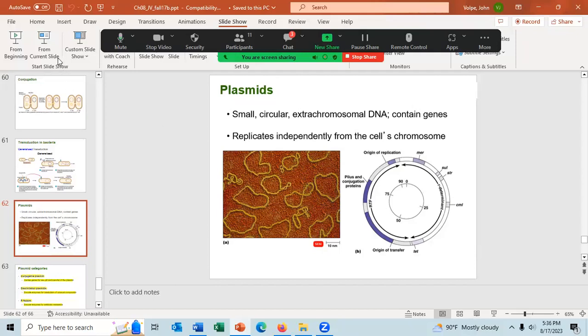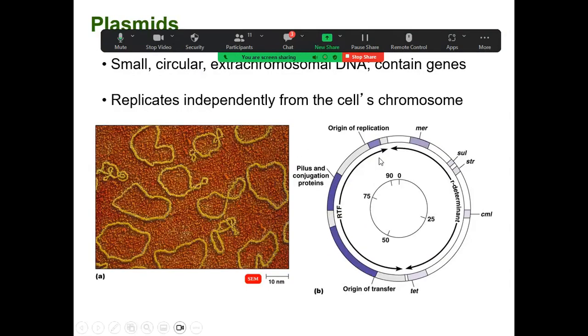So let me blow this up and let me see if I can count the number of genes on here. There's 1, 2, I don't know what that stands for. That might be just cut sites. 3, 4, maybe 5 or 6 genes on this plasmid. And that's all there is. On the chromosome, there's many, many more genes, and it's a much longer stretch of DNA.